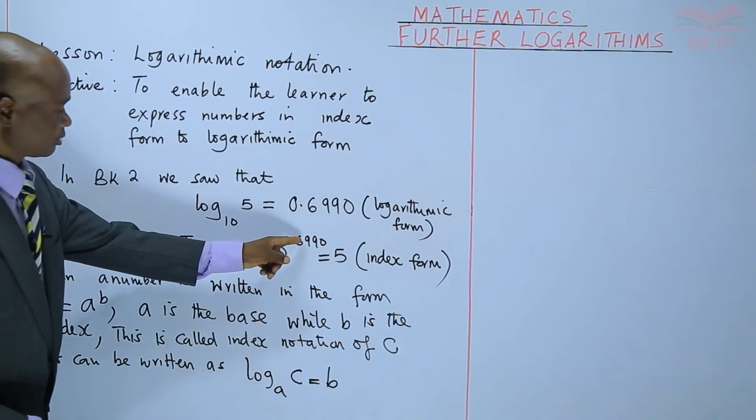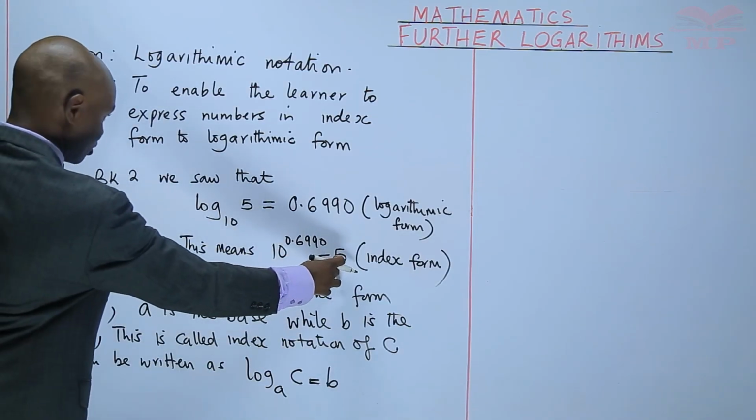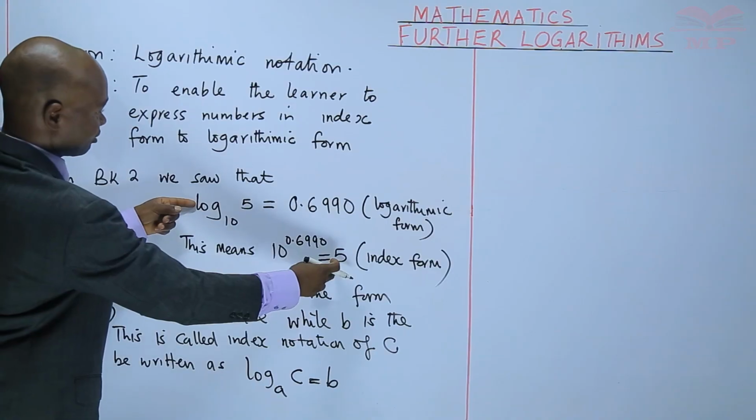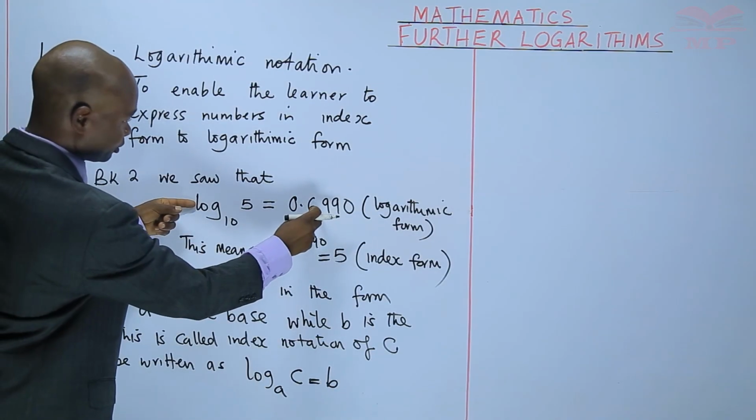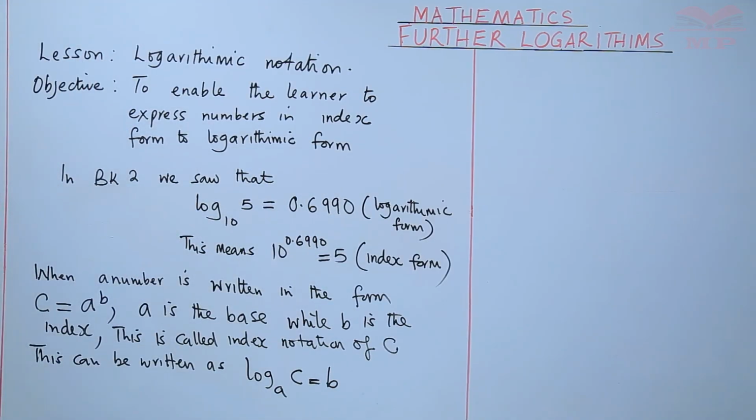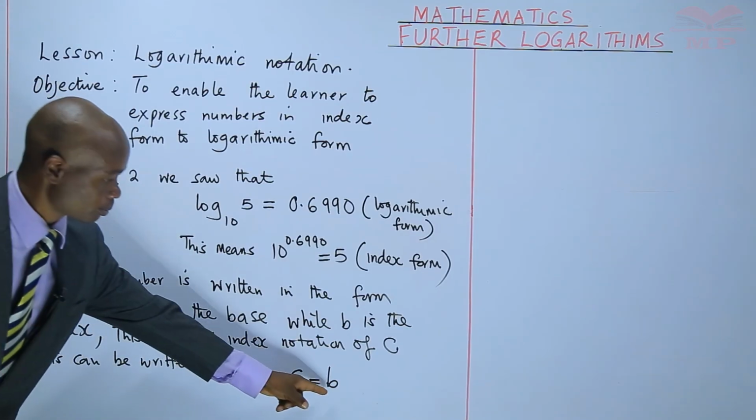When we write in logarithm, it is now log to the base 10 is equal to that one. That gives us an easy way to relate. Like here when you have C is equal to A raised to B, it can be written as log of C to the base A is equal to B.